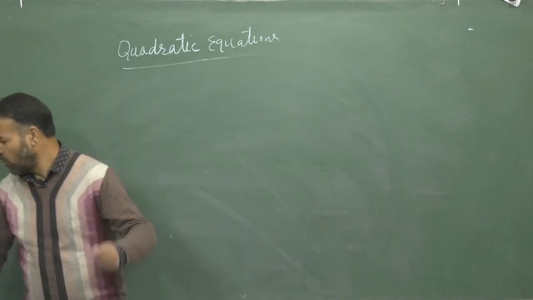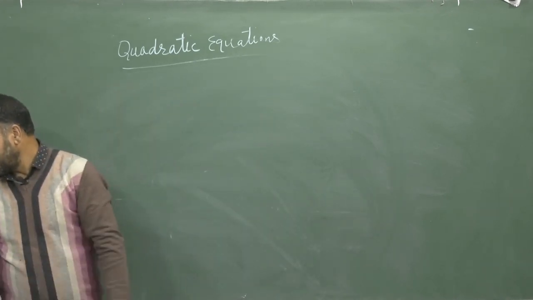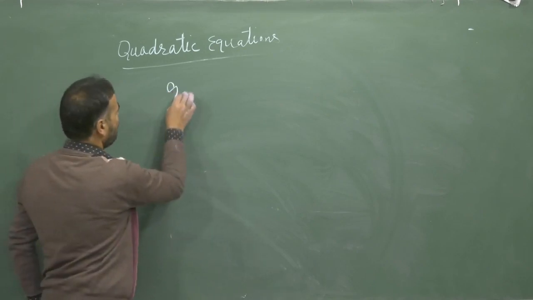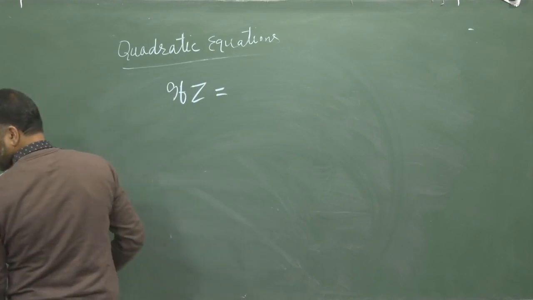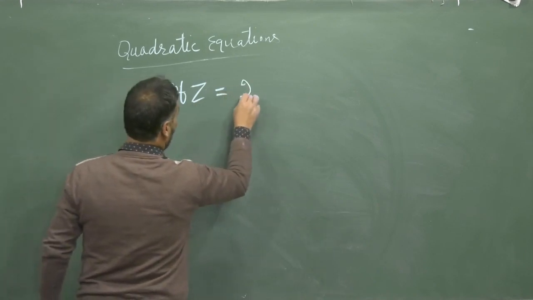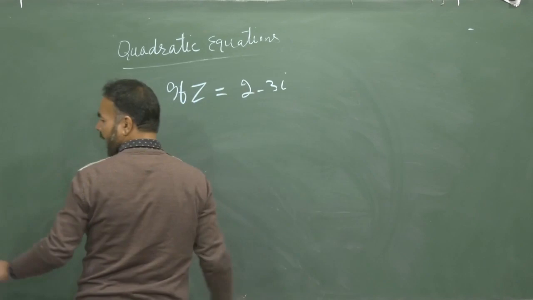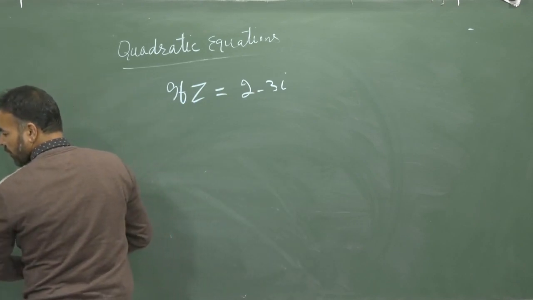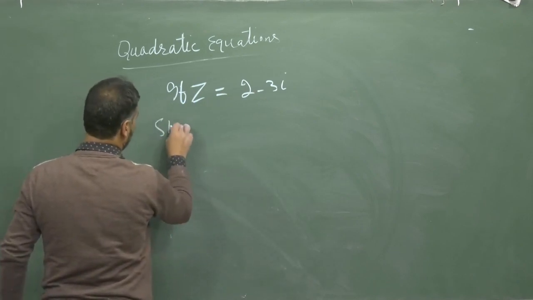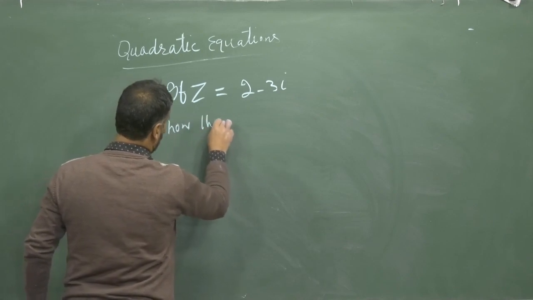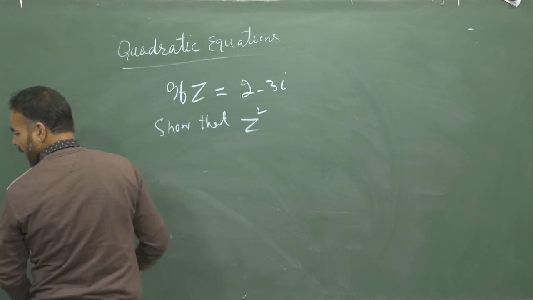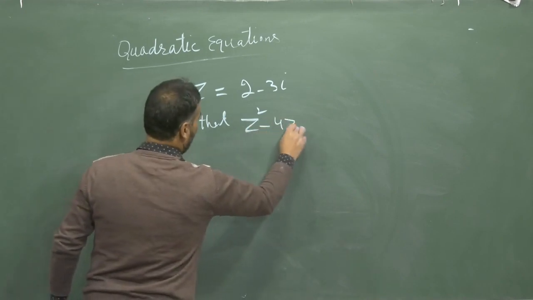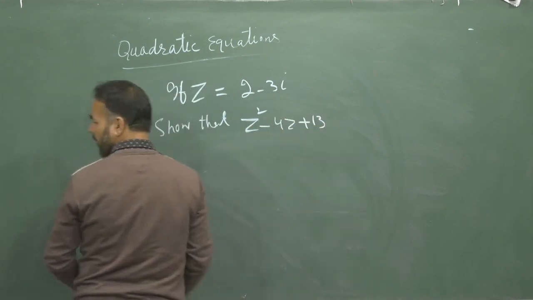Now, the most important part: if z, the complex number, is 2 minus 3i, then we have to show that z square minus 4z plus 13 is equal to 0.